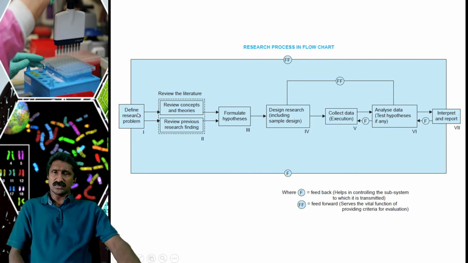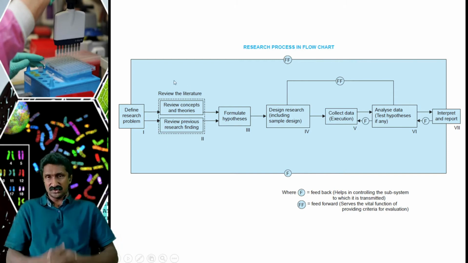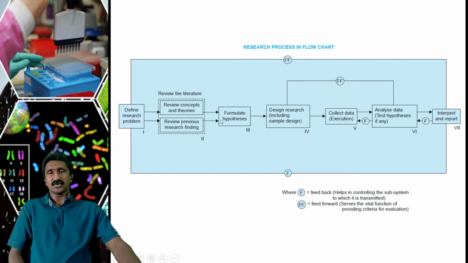This research problem is defined based on the available observations, which may be in the form of various literature and facts available. You can review the literature, concepts and theories, and previous research findings, which are analyzed, and based on which you have the induction and formulate a hypothesis.